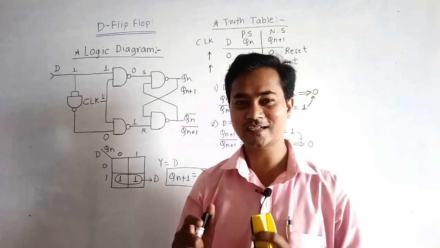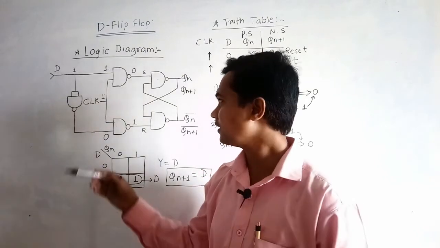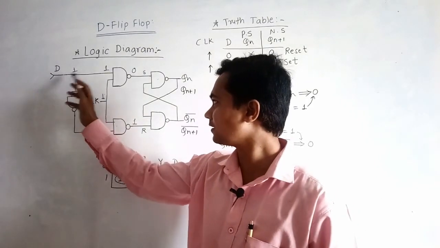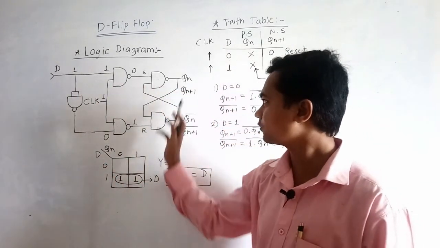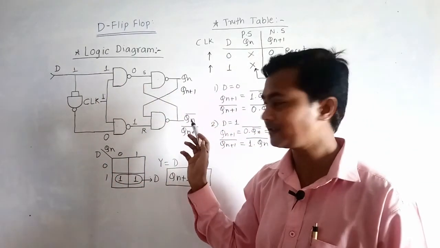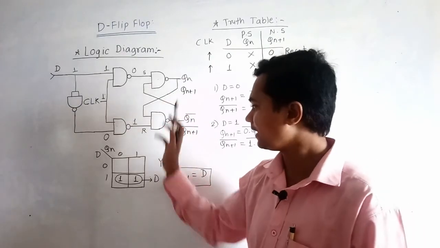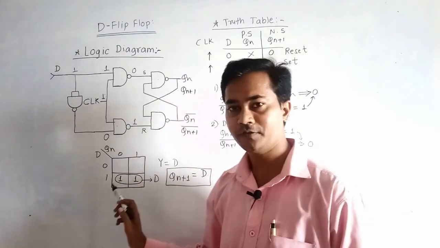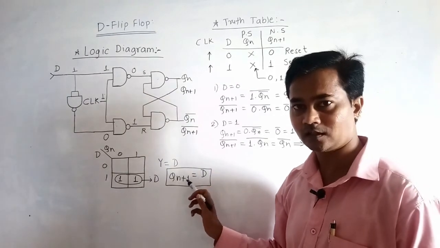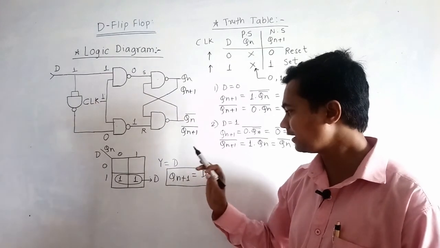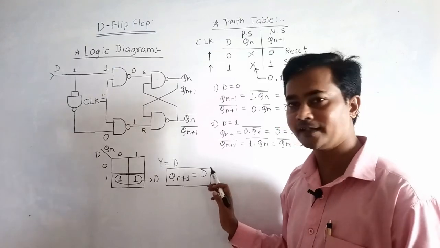Okay, so you just try to understand this difference. The D flip-flop consists of only one input, two outputs. Out of these two outputs our interest is in only one output, and from this K-map we have concluded that the next state of the output is totally dependent on the present input only.